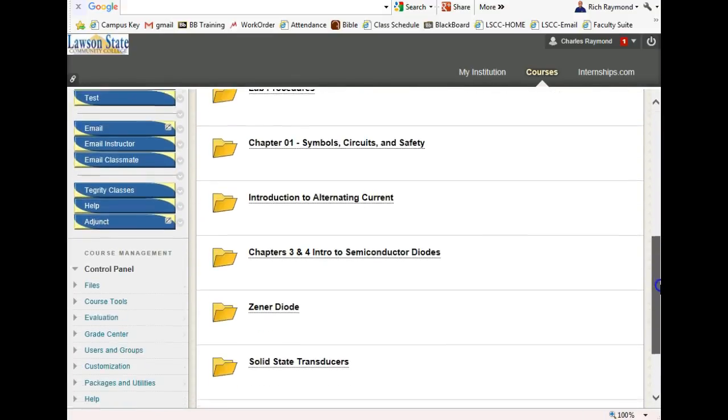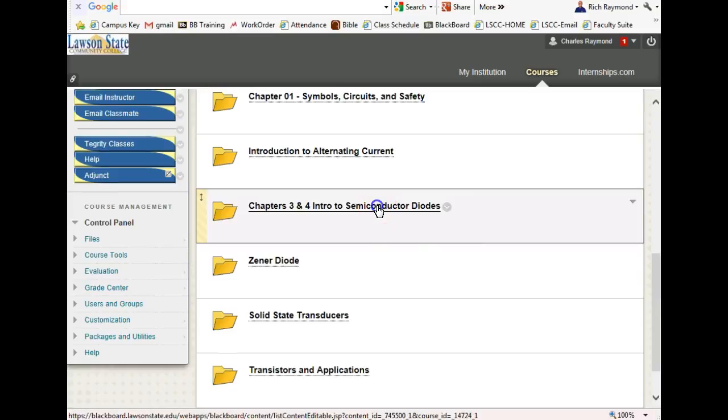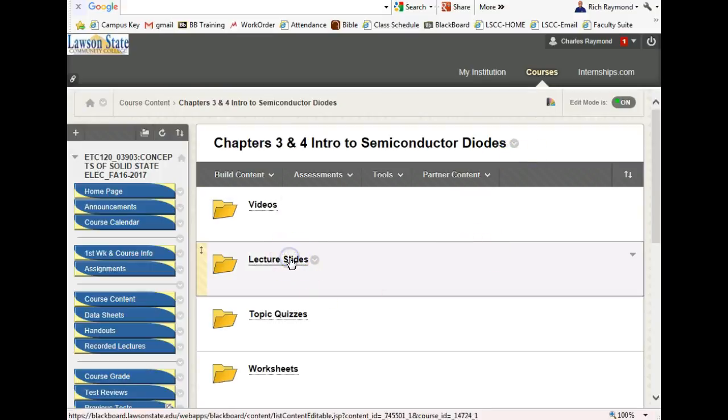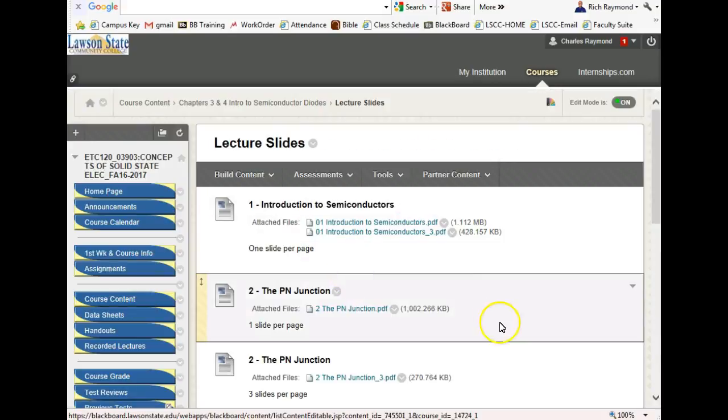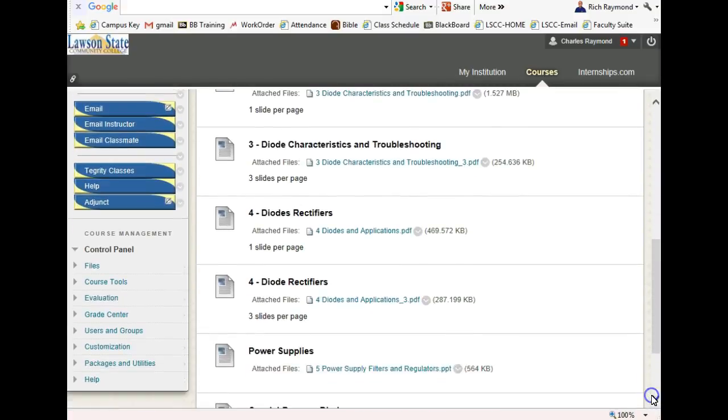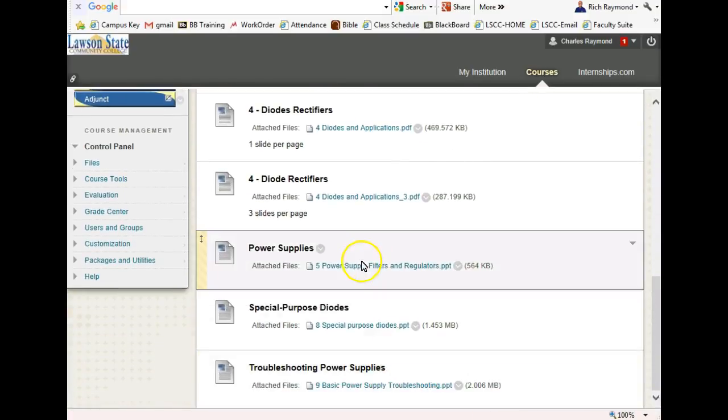These are alternating currents, semiconductor diodes. Lecture slides: P-N junction, diode characteristics, troubleshooting rectifiers, power supplies, and regulators. That's the one we just got through looking at.